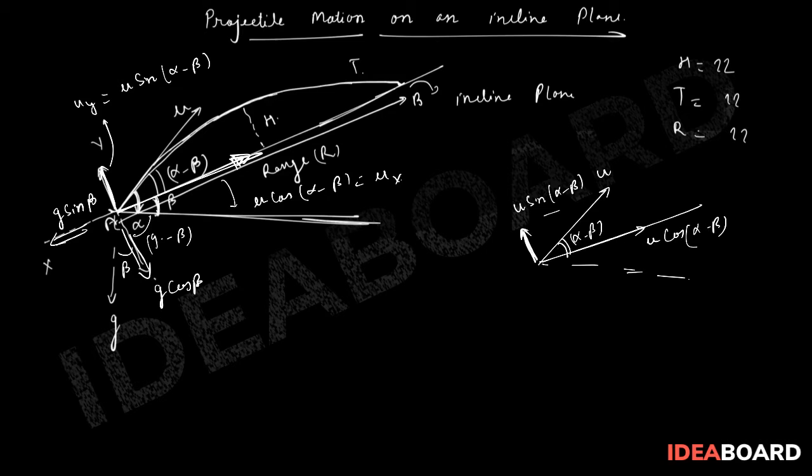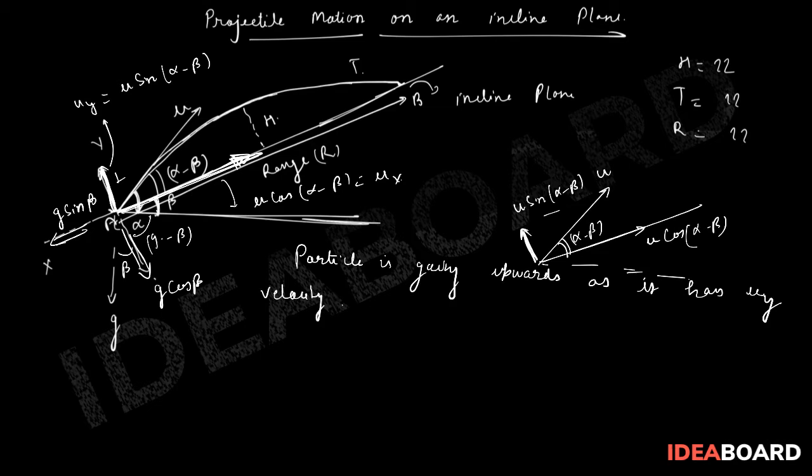How? Now you simply have to see that the particle has two components, one along the plane and one perpendicular to the plane. The particle is going upwards because of the perpendicular component, as it has uy velocity, right?